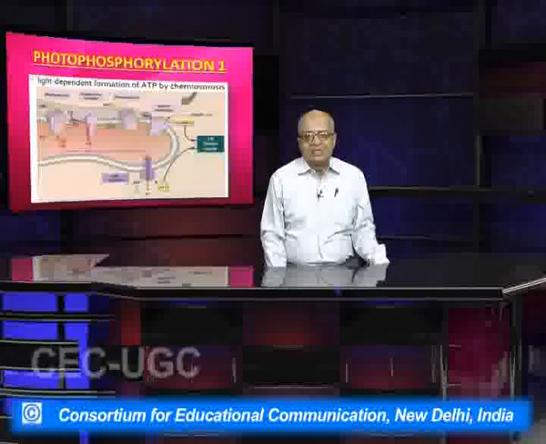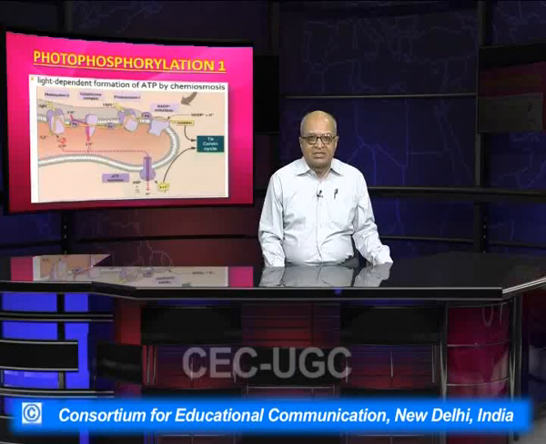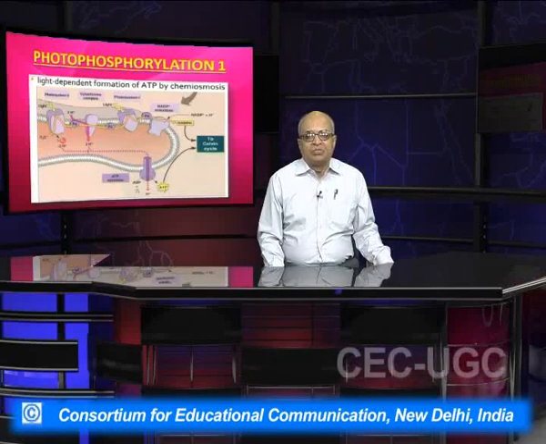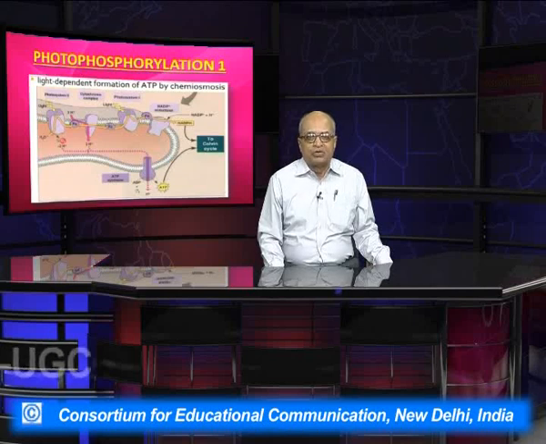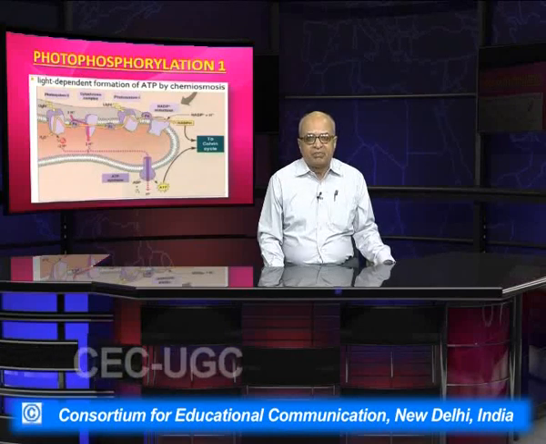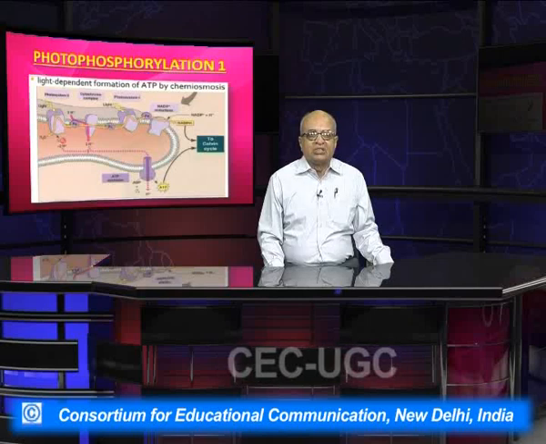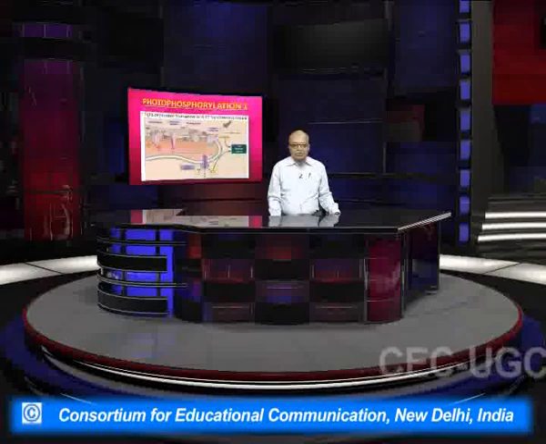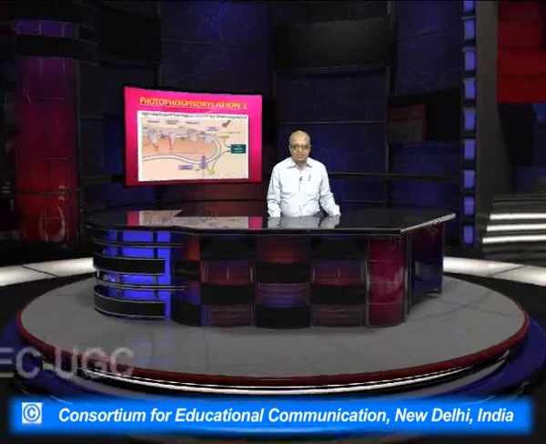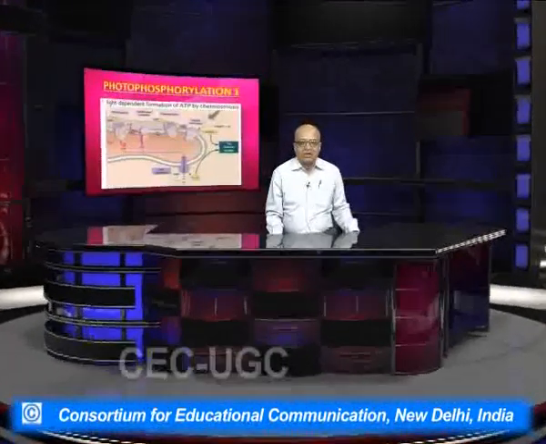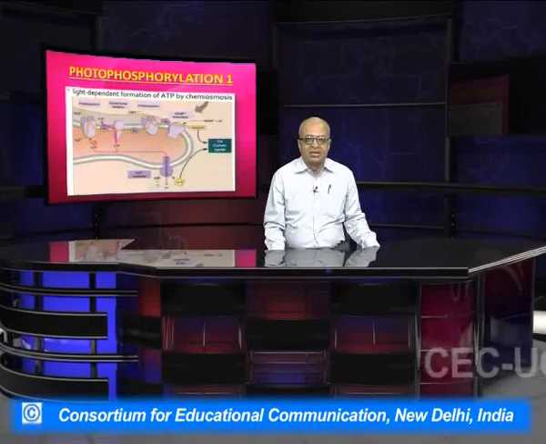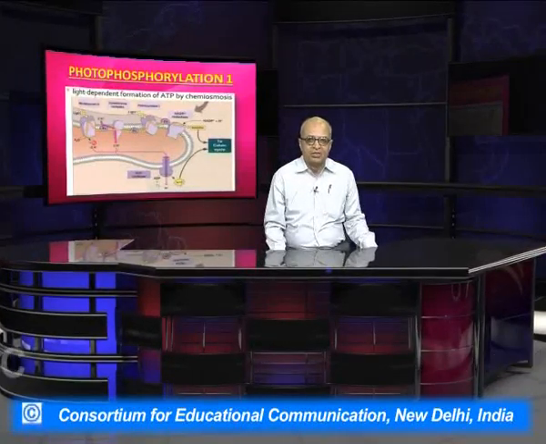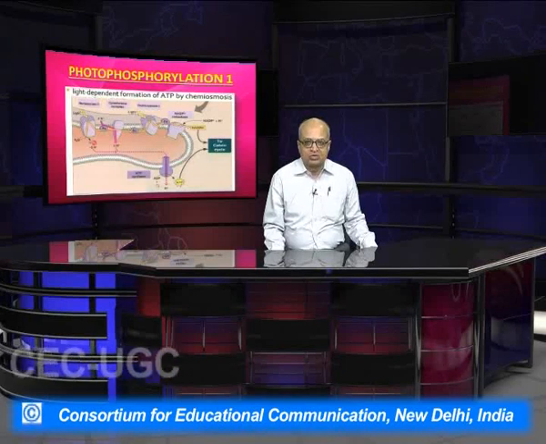Having said that these are the 8 steps, we have a summary of the light dependent formation of ATP by a process which is chemiosmosis. So, if we are asked to conclude the 8 processes which we have just seen, photophosphorylation would be defined as the light dependent formation of ATP by chemiosmosis.